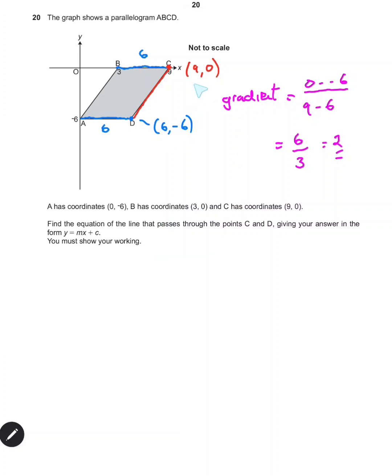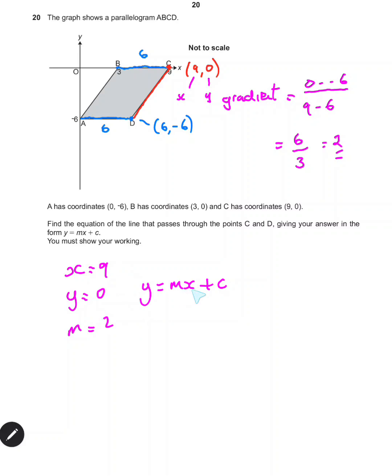What we've also got is an x and a y. I could have used those two, but these look nicer. So let's just write down everything we've got. We know that x equals 9, y equals 0, just picking these 2 coordinates. We know my gradient m is 2. All of this can be substituted into the general equation of a straight line, y equals mx plus c.